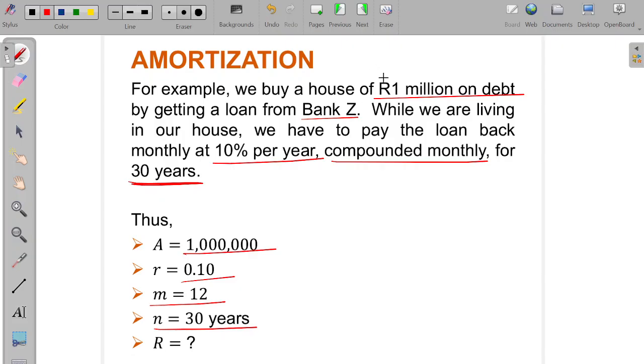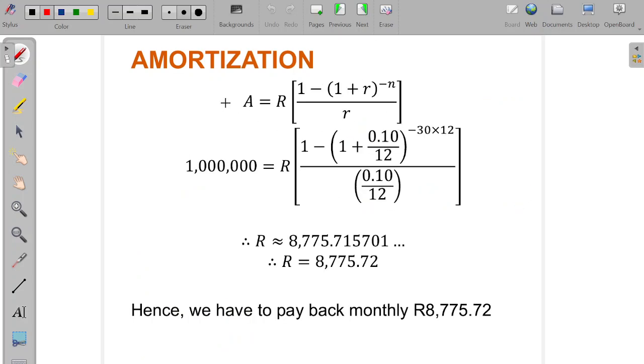If you look at the question, we are not told that the payment is made at the beginning. Because of that, in order to calculate our R, we use the ordinary annuity formula.